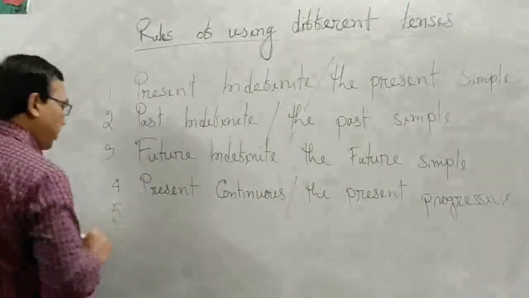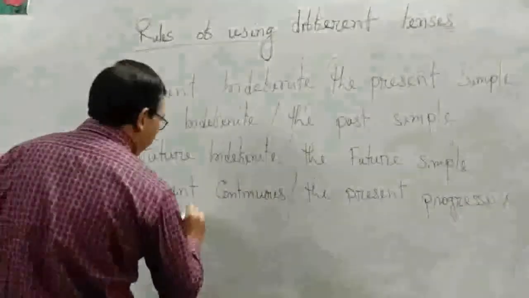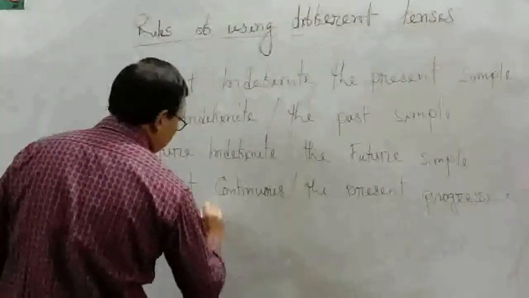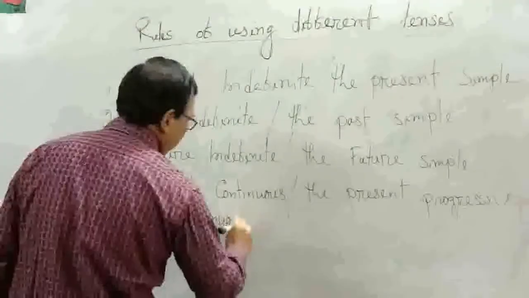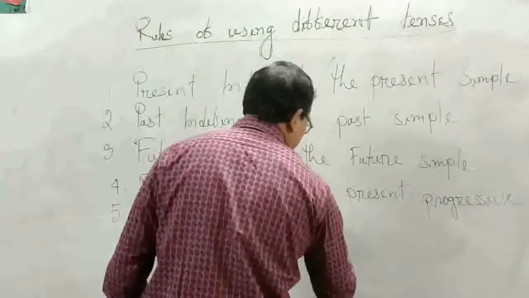Number 5, past continuous or the past progressive.